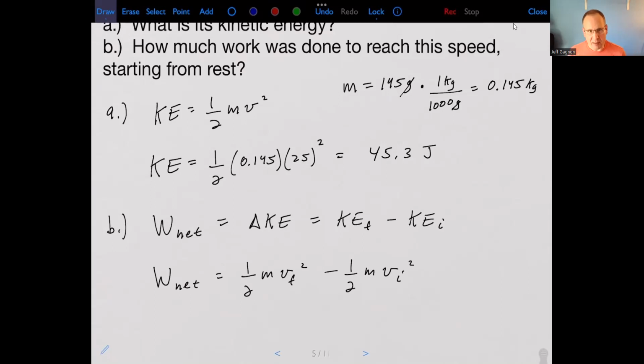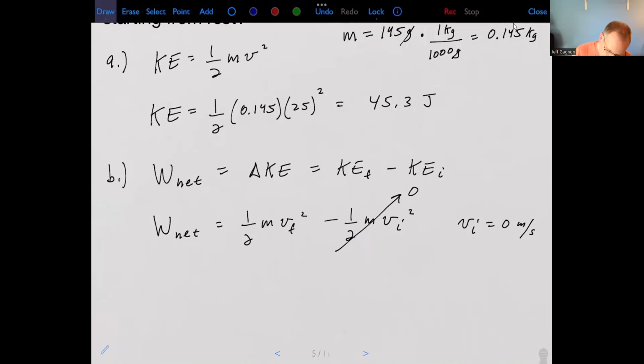But if the baseball is starting at rest, that means v initial was 0, which means this whole initial kinetic energy is going to be 0. There's no kinetic energy initially because the initial velocity is 0. So the net work done is simply going to be that final kinetic energy, which we just found.